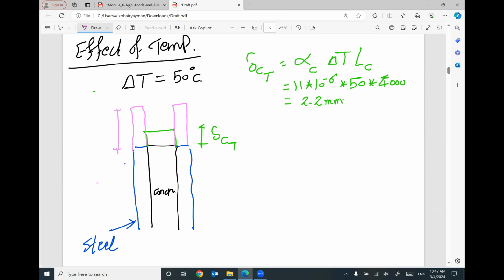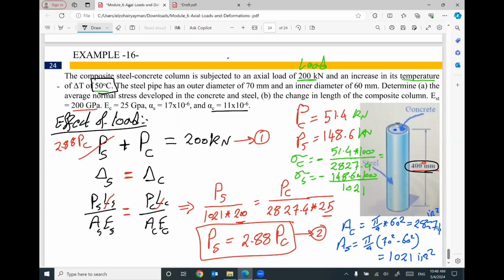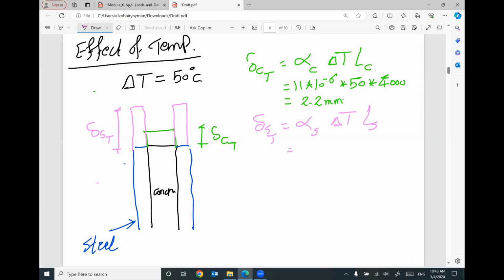How much? Delta steel due to temperature equals alpha for steel, change of temperature delta T, length of steel. Alpha for steel equals 17 times 10 to the power negative 6. Change of temperature equals 50. The length of the steel equals the length of the composite column, 4,000. So the steel will expand 3.4 millimeter.